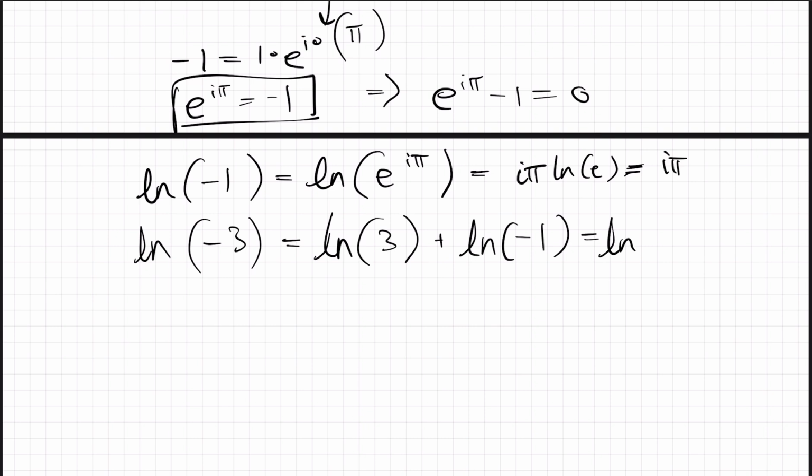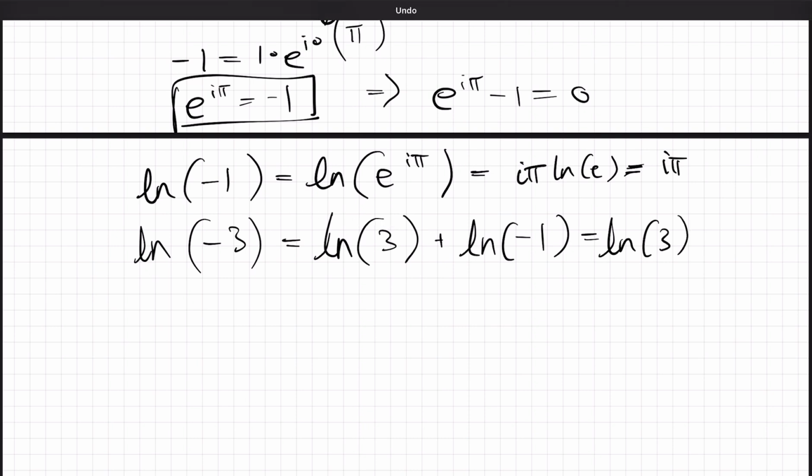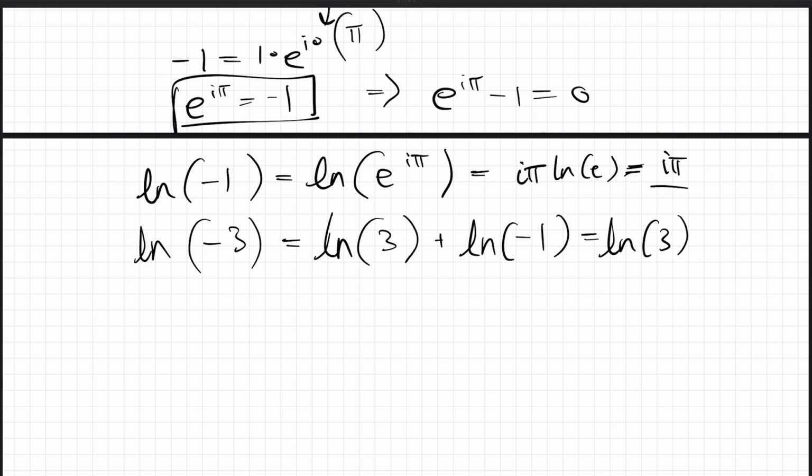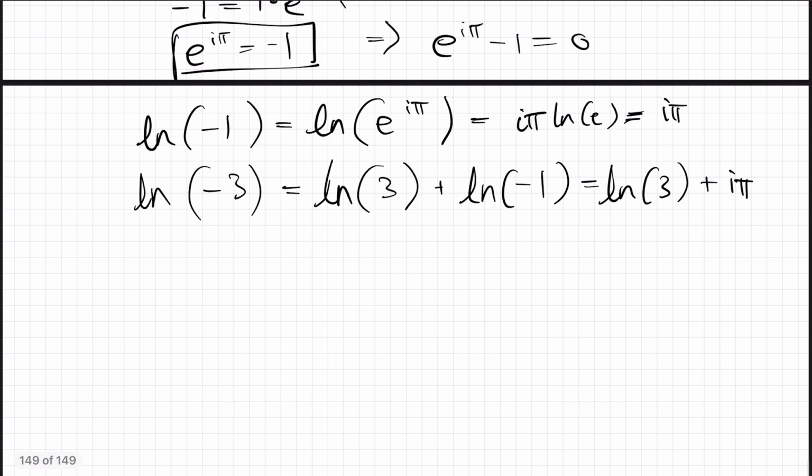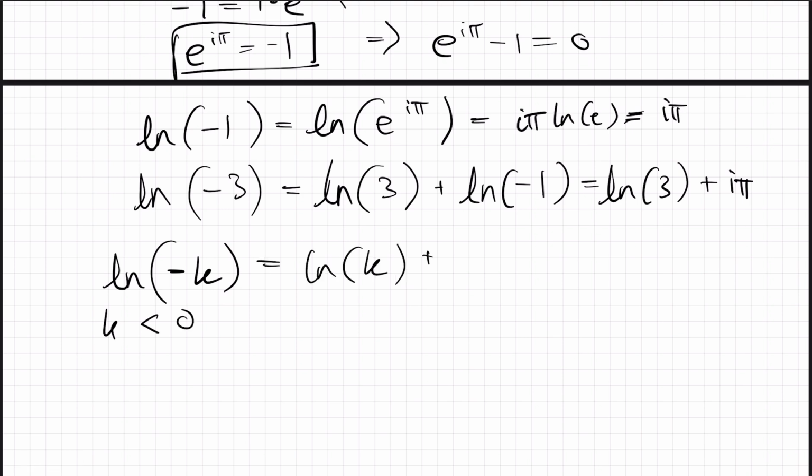And then we just have ln of 3, which is a real number, plus ln of -1, which is i pi. So there we go. If we have any negative number, let's just define k to be less than 0, ln of k is the same thing as ln of the absolute value of k plus i pi.